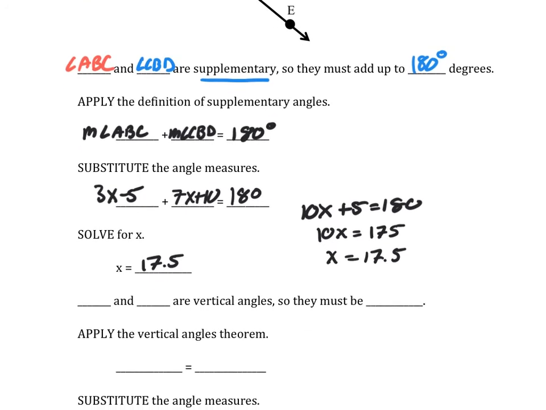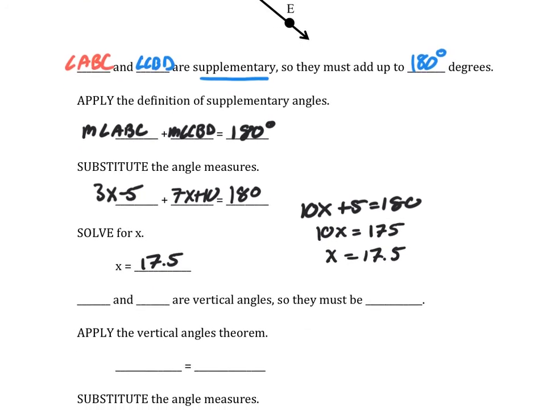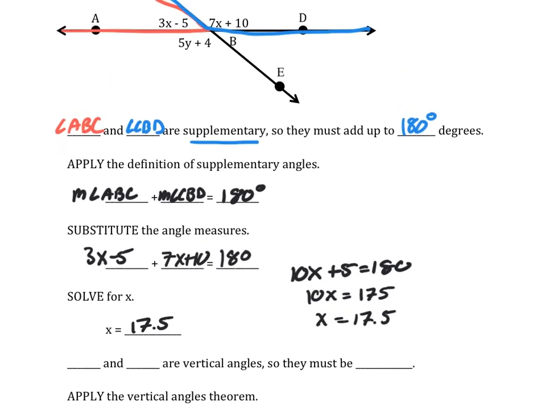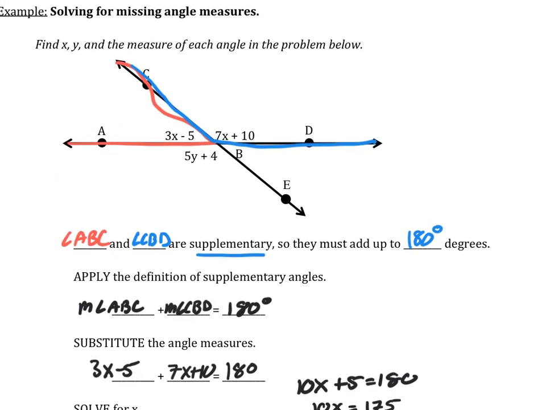So something that we're going to note is that we have two vertical angles. So we're going to go back up to our figure. And we know that angle CBD and angle ABE are vertical.